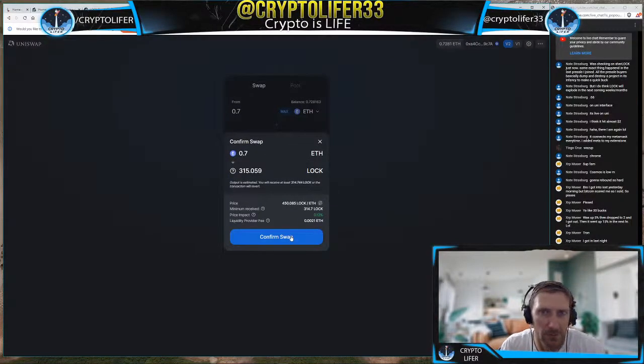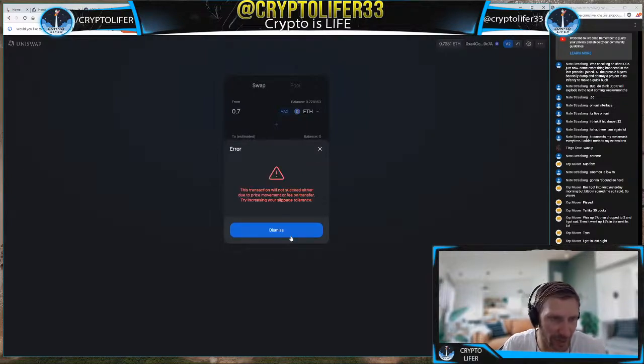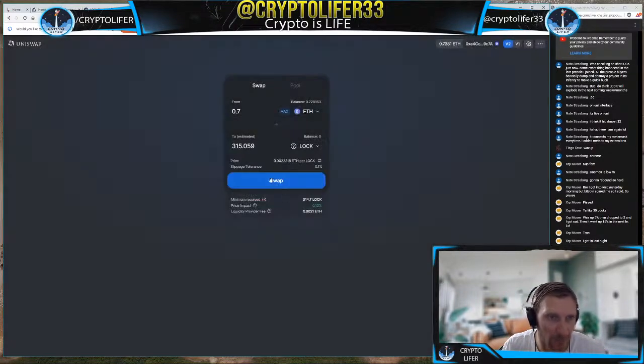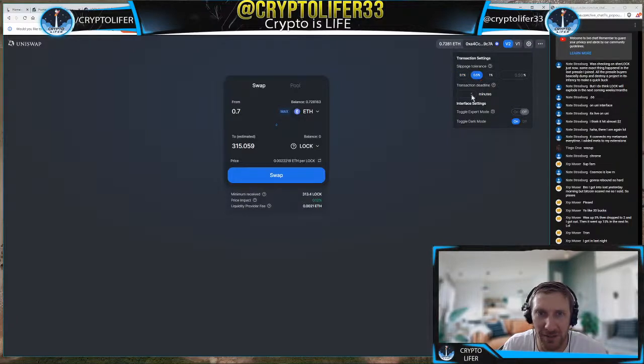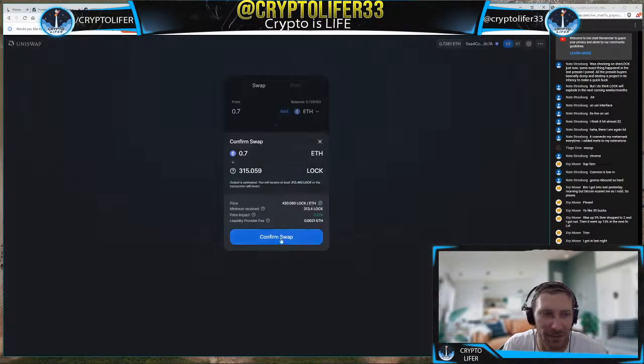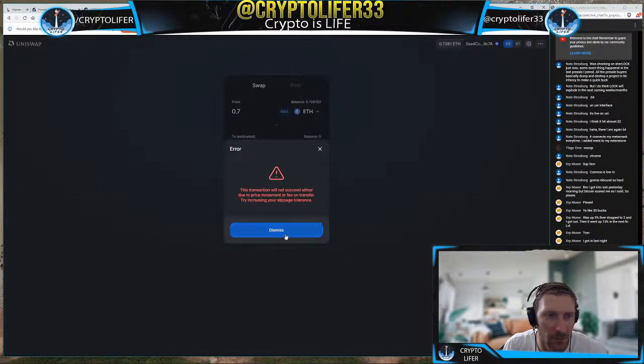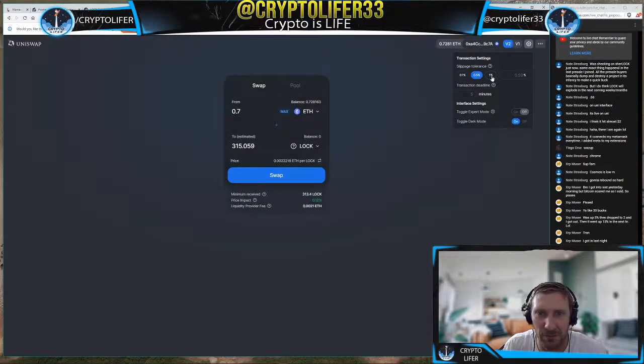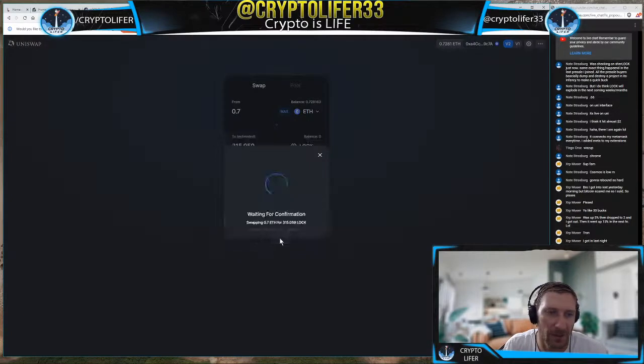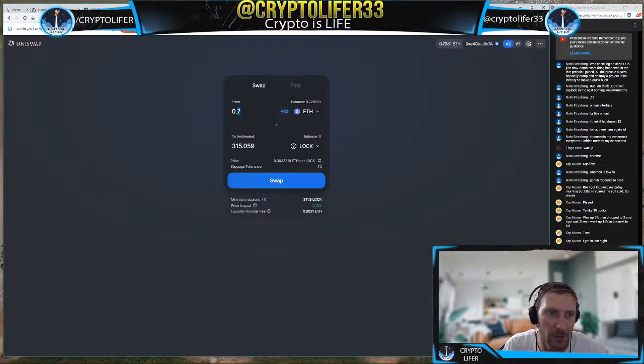Swap. You've got to really make sure you're on the wallet immediately. I found out that if you don't confirm the swap fast, there's price movement. So here you go to your settings, 0.05%, and decline the transaction after 5 minutes. Increasing your slippage tolerance to 1%. It could be because I just don't have the gas.